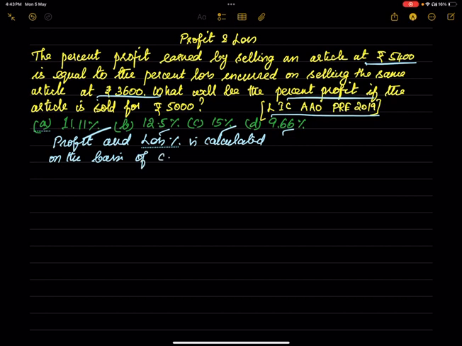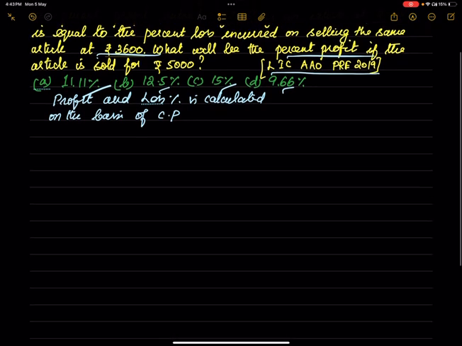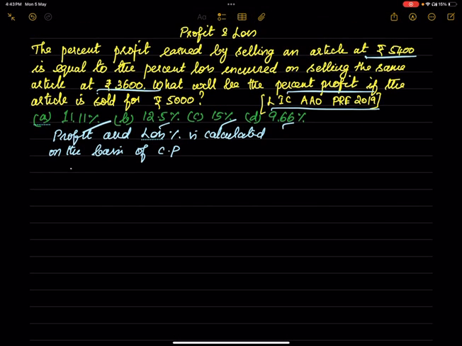In the first transaction, he is selling the article for 5,400. In the first transaction he is gaining, so 5,400 minus some amount, which we don't know, is equal to the second transaction where he is losing, that is 3,600 plus x.